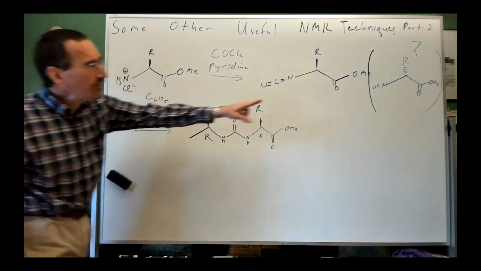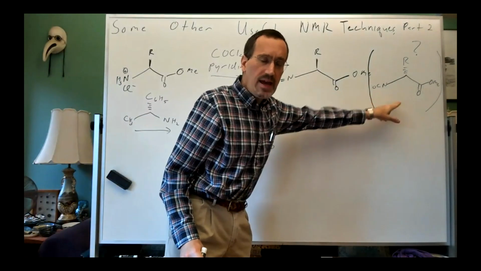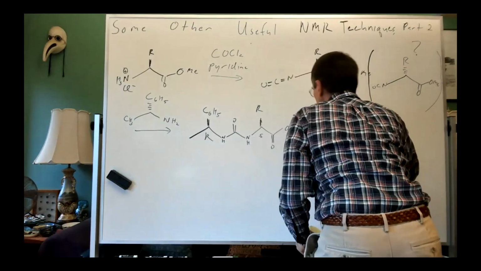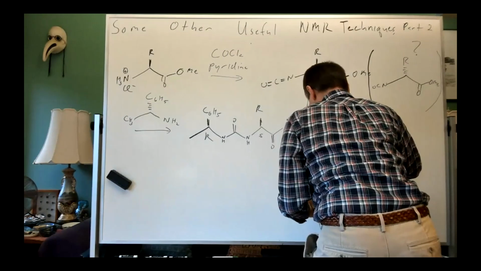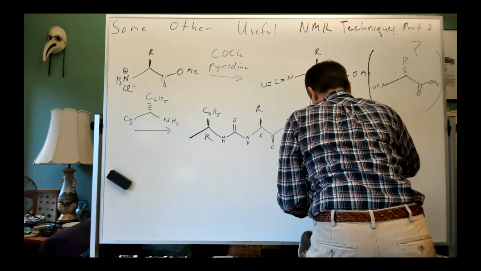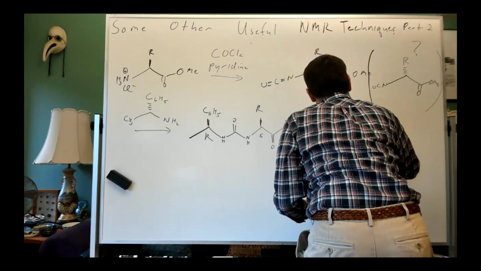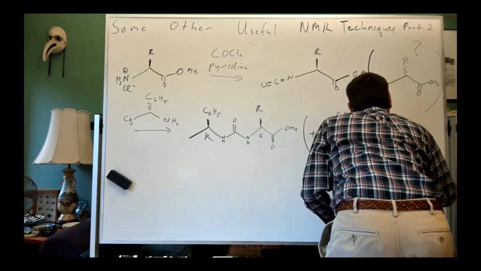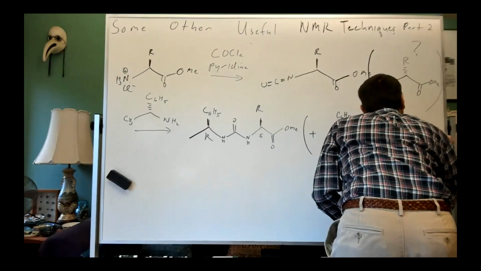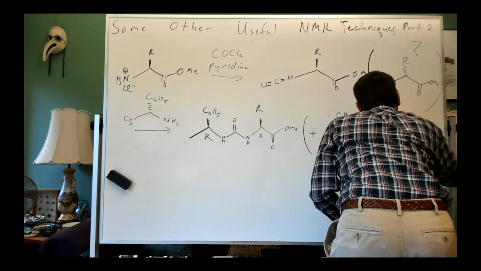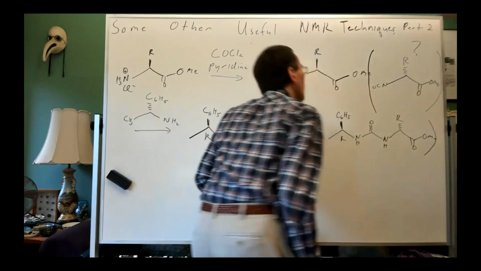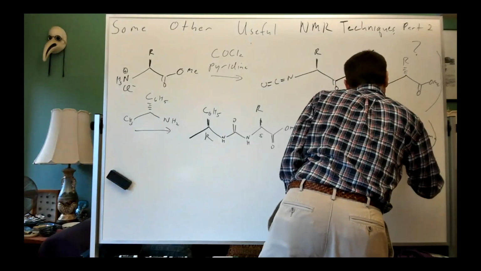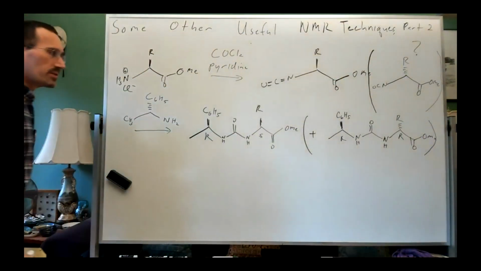On the other hand, if we have our impurity, if we have our epimer, then we would also expect to see, so I'll put this in parenthesis, the diastereomer, which would have two R stereocenters.